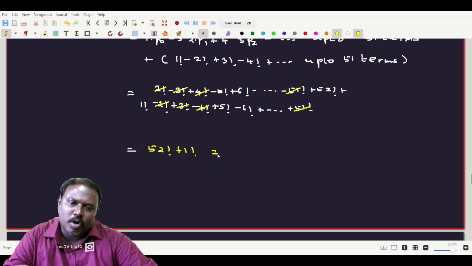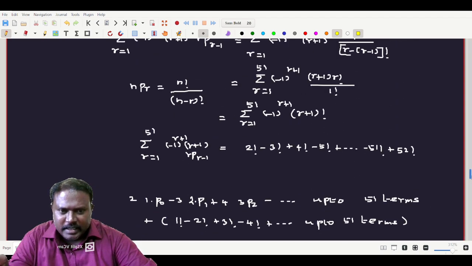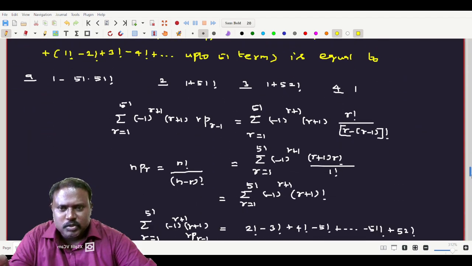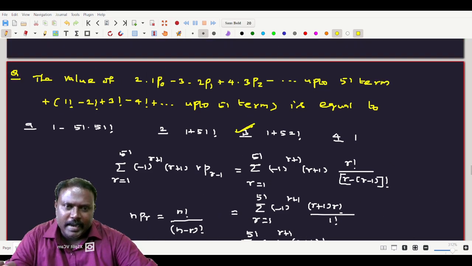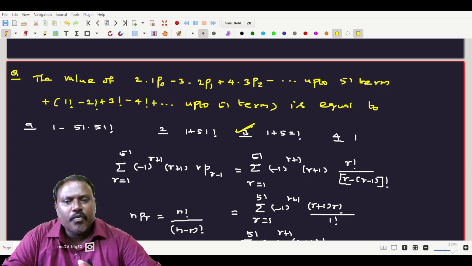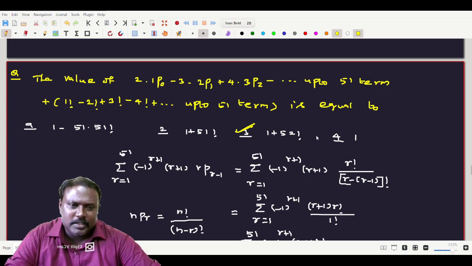We know 1 factorial is nothing but 1. So this is 52 factorial plus 1. Okay, so the correct answer to this question is 52 factorial plus 1. Okay, right. Now let us discuss some more problems.